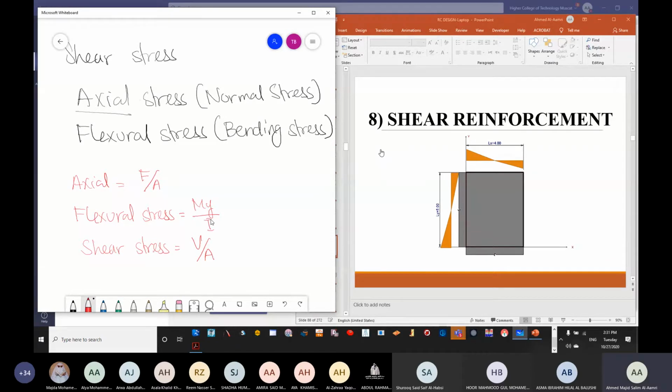Did you take this equation, which is My over I? Normally for pre-stress we are using Z. Have you used M divided by I?